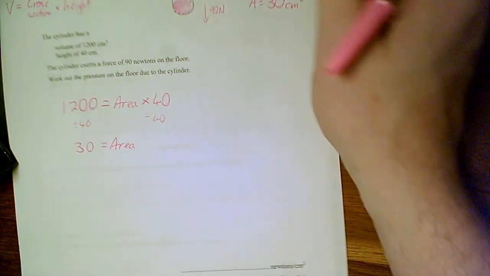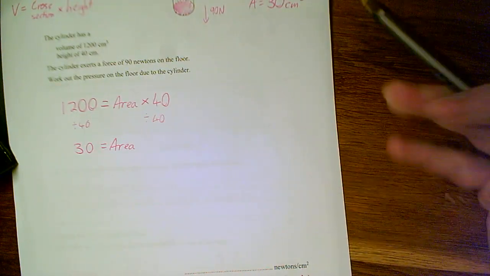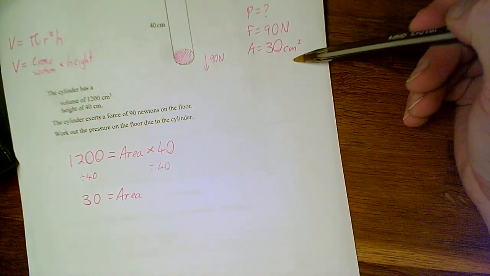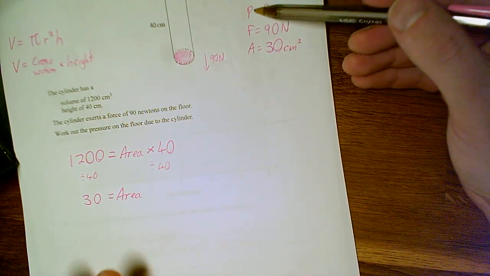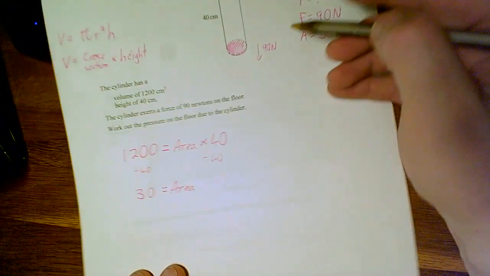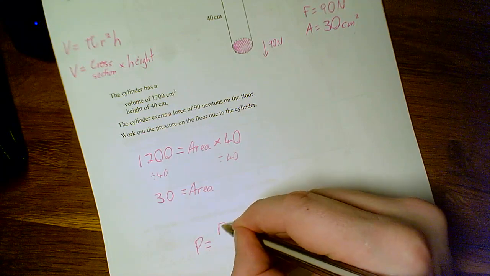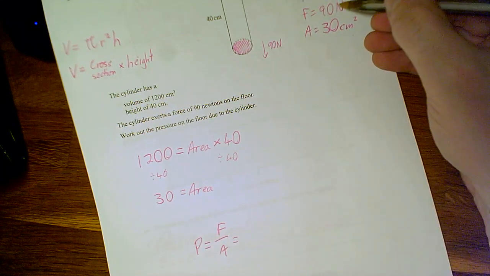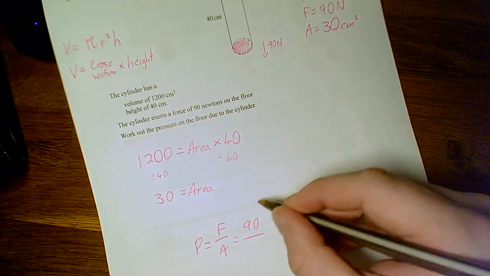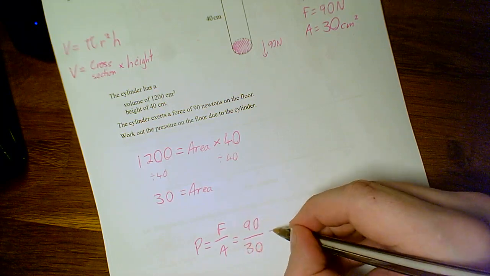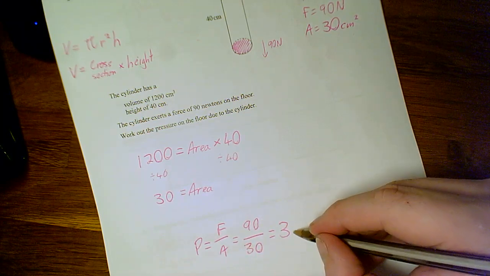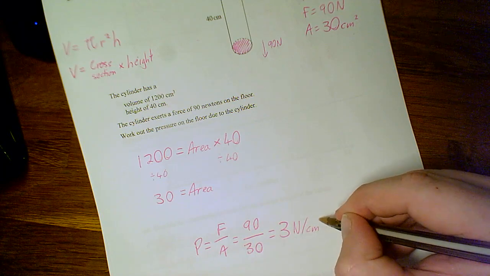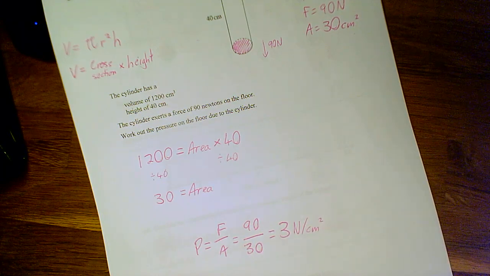Let's just check that's right. How do they want this? They want newtons per centimetre squared. Brilliant. I've got newtons, I've got centimetres squared. Amazing. So all I've got to do now is plug that all in. Pressure is force over area, which is 90 over 30. 90 divided by 30 is 3. 3 newtons per centimetre squared.